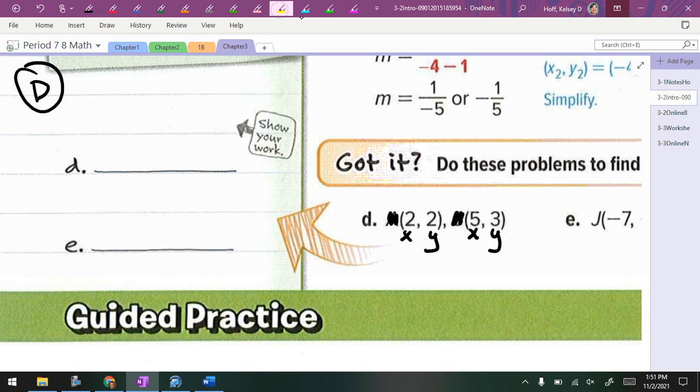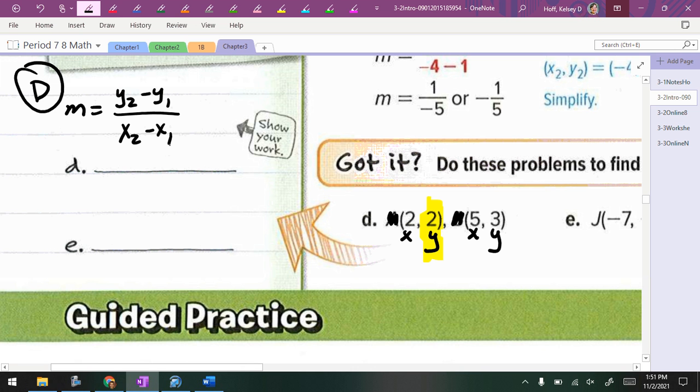Then I would always start with just that very first Y value. Ooh, first we should probably write the slope formula. M equals Y2 minus Y1 divided by X2 minus X1. So I highlighted this Y value of 2. That's the first number that I'm going to start with.